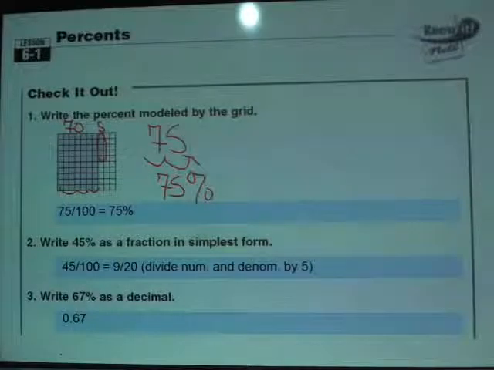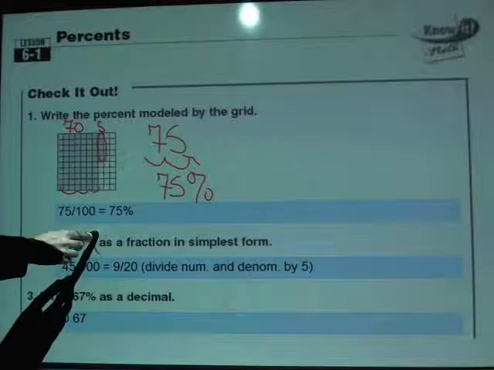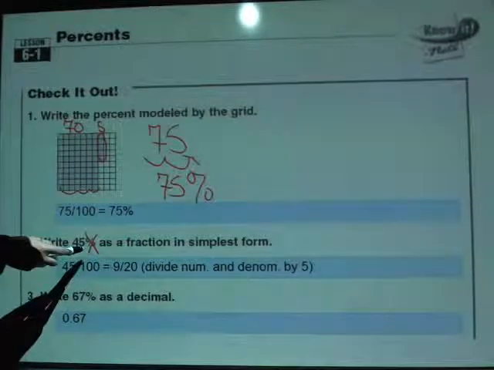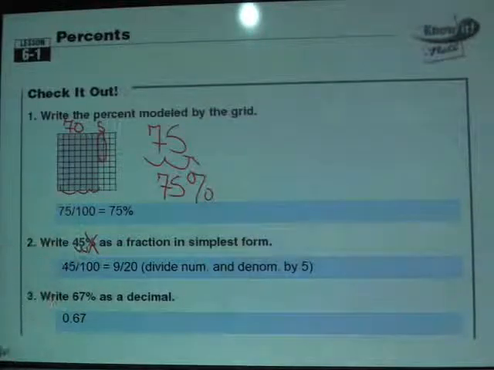Number 2, we're going to write 45% as a fraction in simplest form. So again, we're going to go through the intermediary steps here. We're going to change this into a decimal, which is a little bit different than what you see presented here. All right, you're going to eliminate the percent sign and move the decimal 2 times to the left, which is now going to give you 0.45.